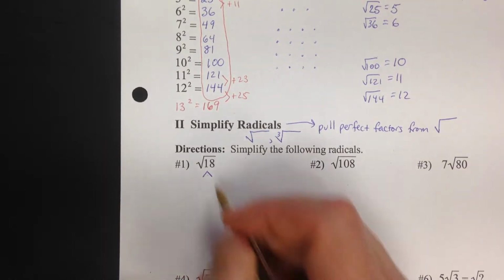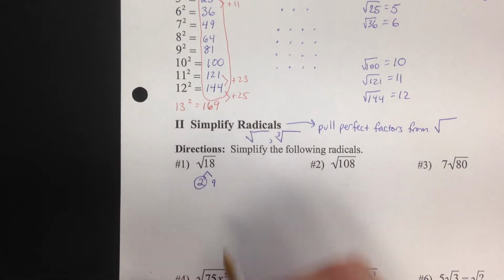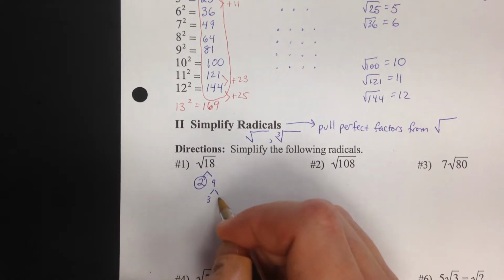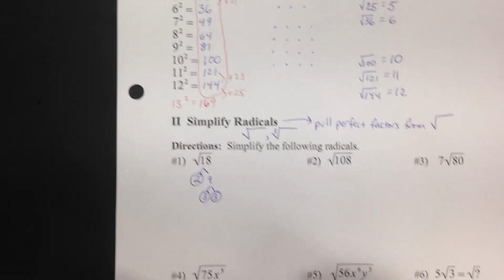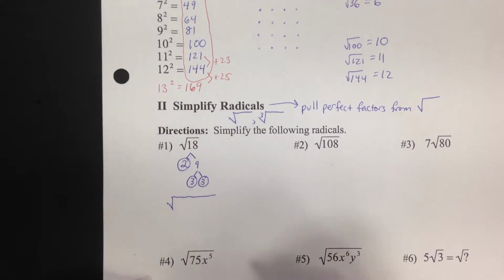So what we are going to do, though, is break up 18 with a factor tree. Well, 18 is 2 times 9. 2 is a prime, so I'm going to circle that. 9 can be divided by 3, so 3 and 3 are the factors, and now we're done. What I'm going to do is this. I'm going to rewrite the square root.